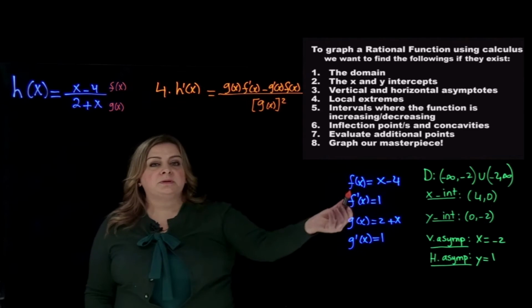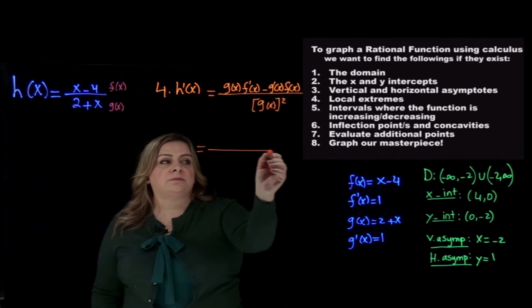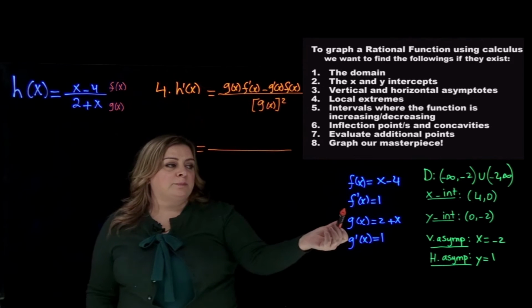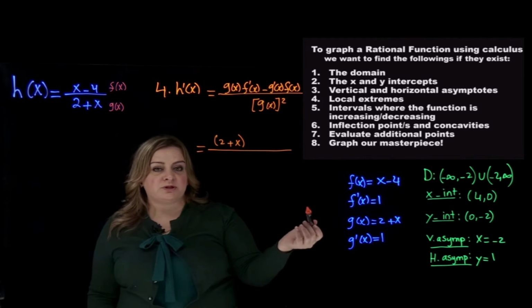I will substitute these values in h prime of x. g of x is 2 plus x, times f prime of x, which is 1.